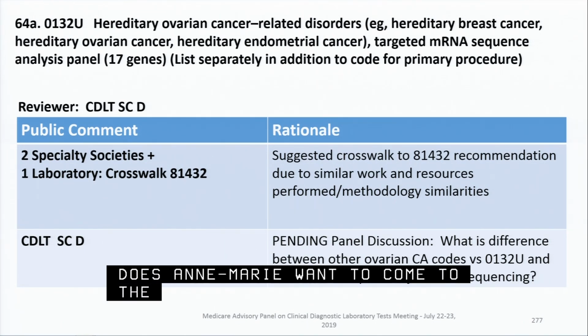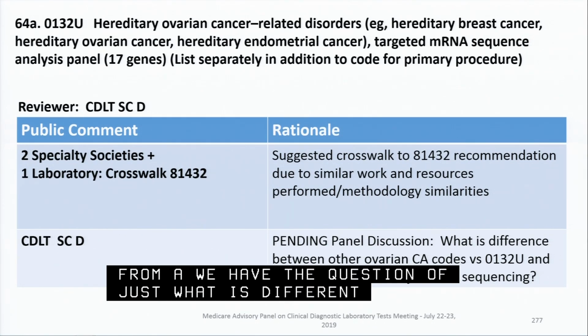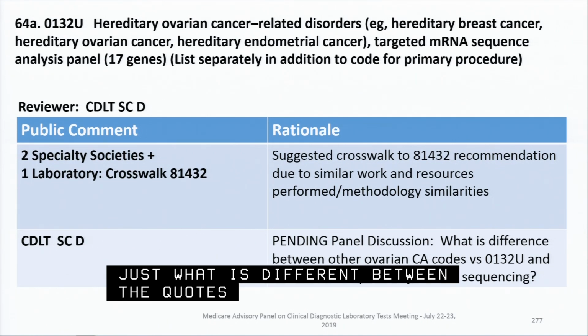So from the subcommittee, we have the question of what's the difference between other ovarian carcinoma codes versus 0132U, and does 0132U represent just RNA sequencing? The answer to does it just represent RNA sequencing is yes. This is a RNA sequencing code.